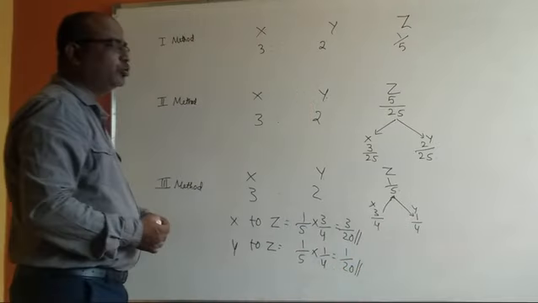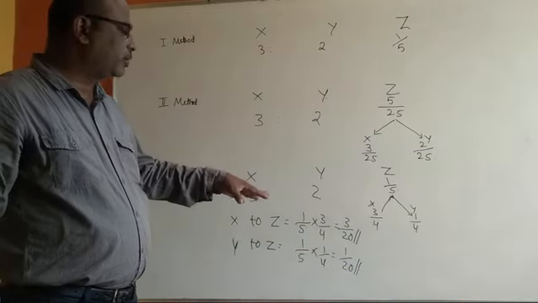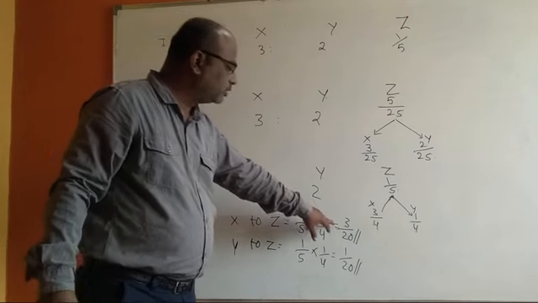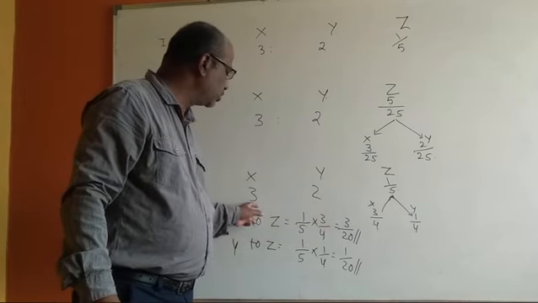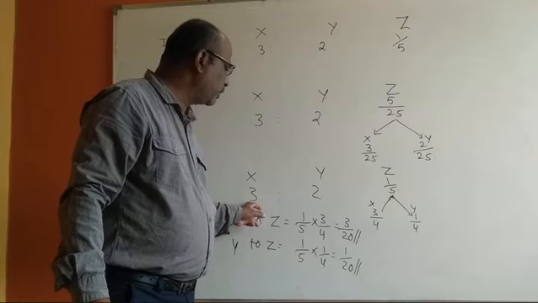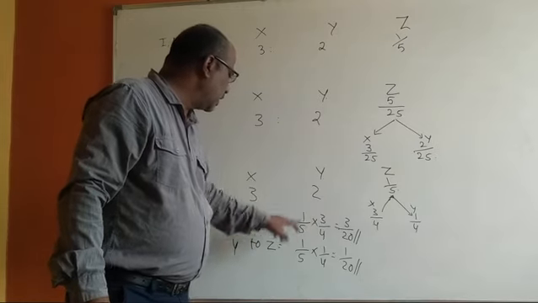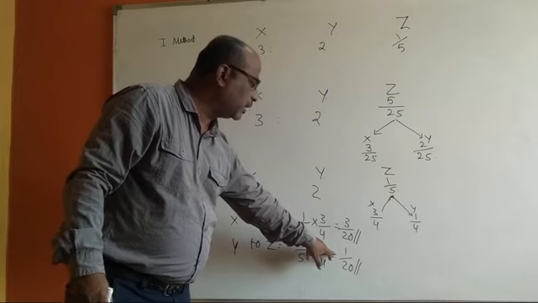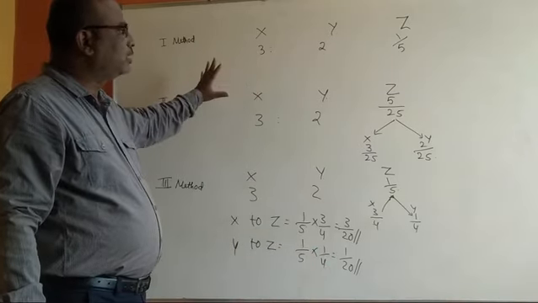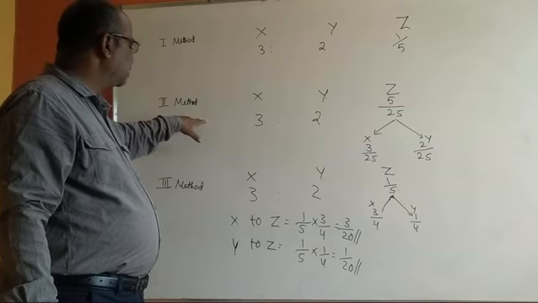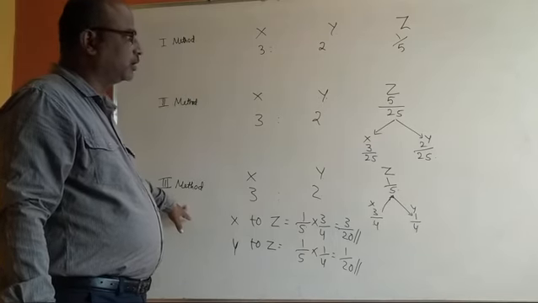So if you do this step, the next step will be subtracting this, which is sacrificed by X, from his old ratio. Old ratio means 3/5. 3/5 minus 3/20, and 2/5 minus 1/20. So this is the clear-cut difference between the first method, second method and the third method.